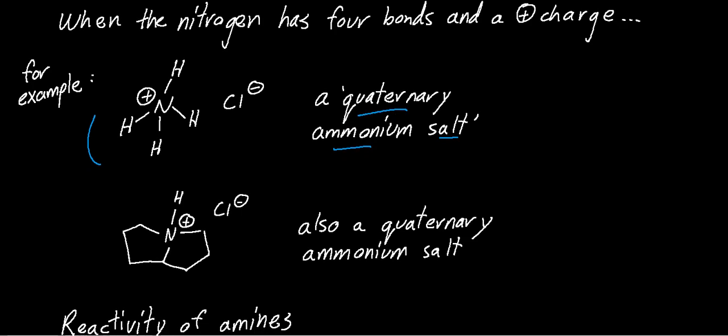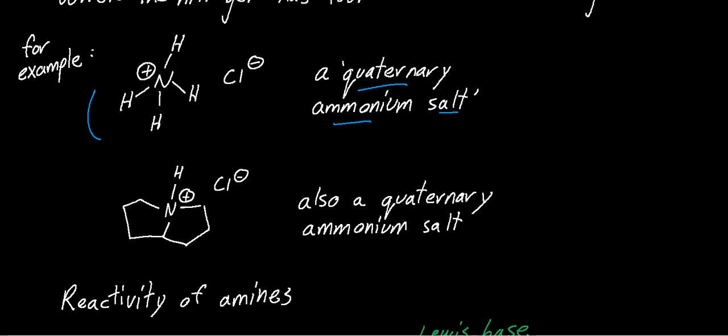But that's just what it's called. So any nitrogen, for example a nitrogen in a fused ring system like this, that has a fourth bond will always have a charge. It's not necessarily paired up only with chlorine, it could be other counter ions, but we would also call that a quaternary ammonium salt.